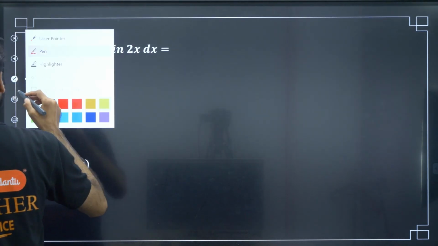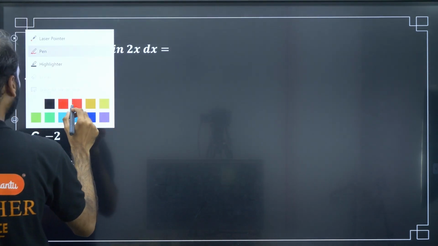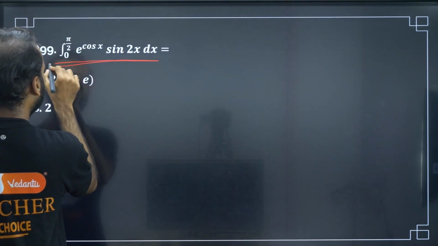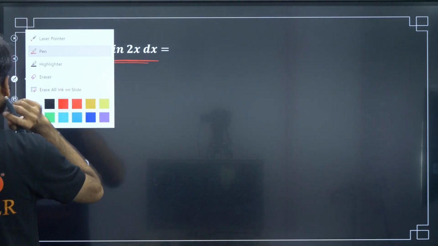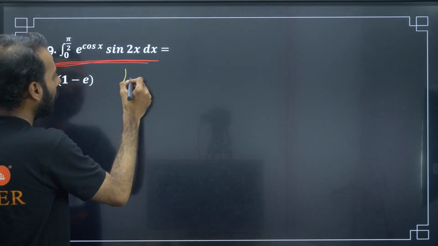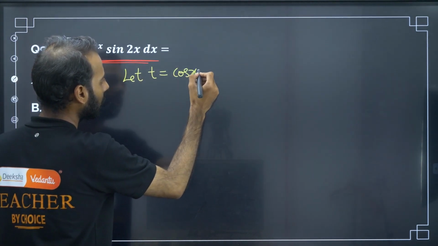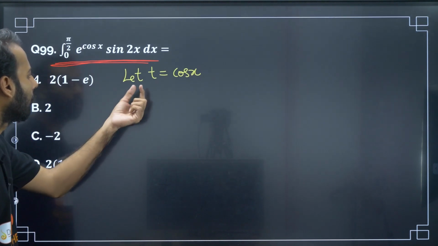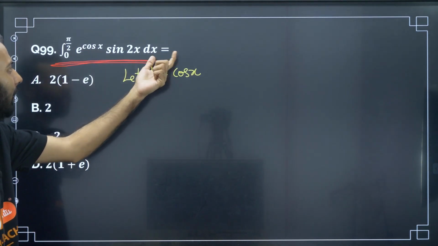Here's the question, an interesting question. They are asking to integrate this. The moment you see this, we don't have any standard form, so we have to go for substitution. Let t is equal to cos x. The reason I am doing substitution is that things will get simplified. You see, t is equal to cos x, its derivative is readily available.